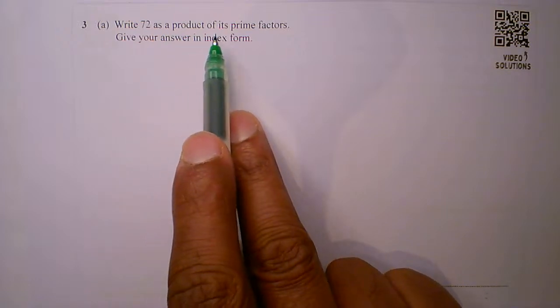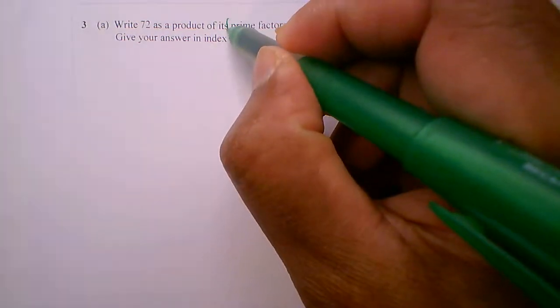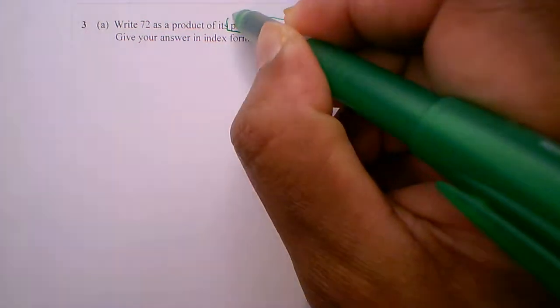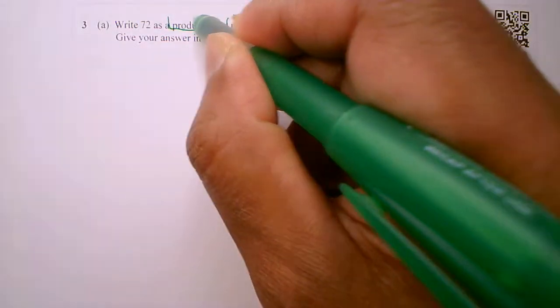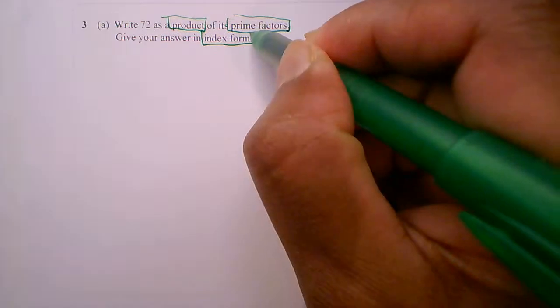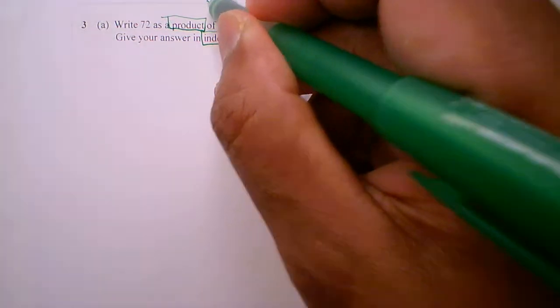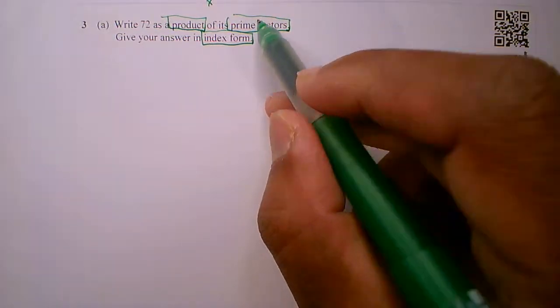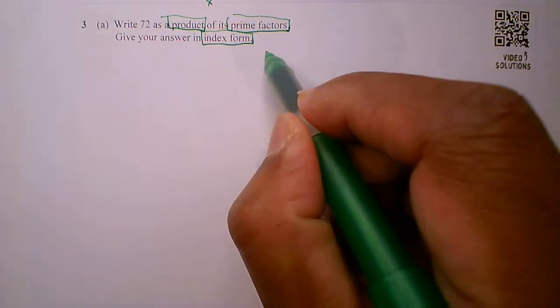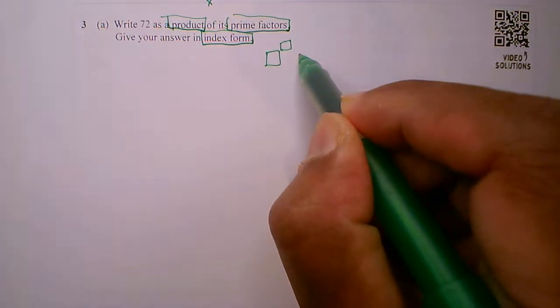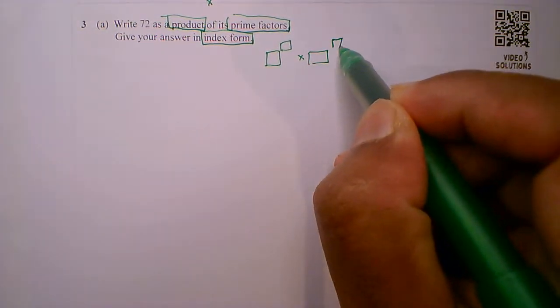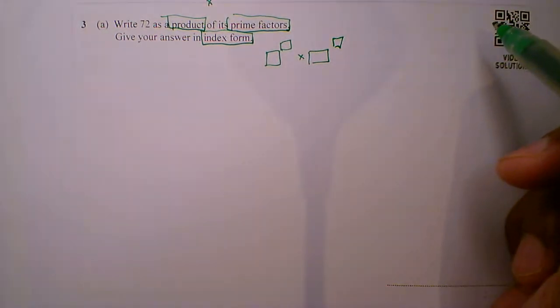Write 72 as a product of its prime factors. So we've got prime factors and a product, and give your answer in index form. So product means multiply, and we need to have prime factors, and we need to write it in index form, which usually means we have something like that as powers.